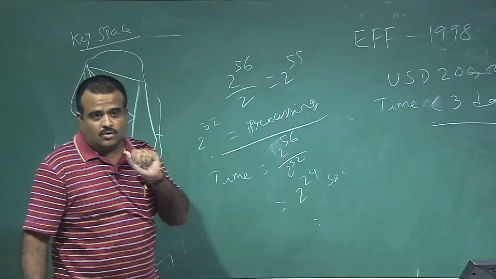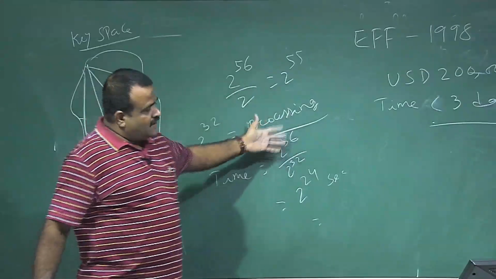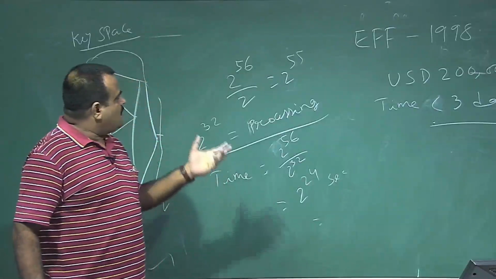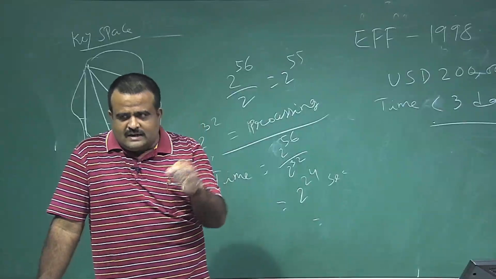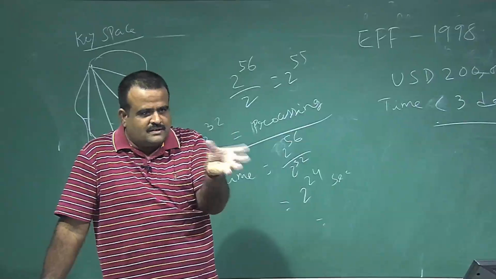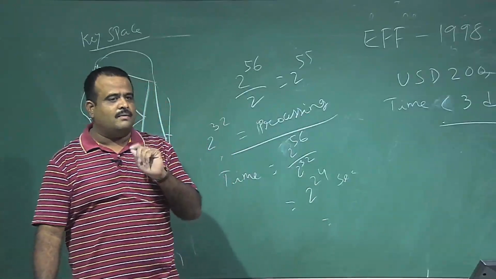So, DES is broken, and this type of attack, exhaustive search, is called a generic attack. Why? Because here we do not bother about the inner design of DES. We do not care about how the inside is designed, we only care about the key space.